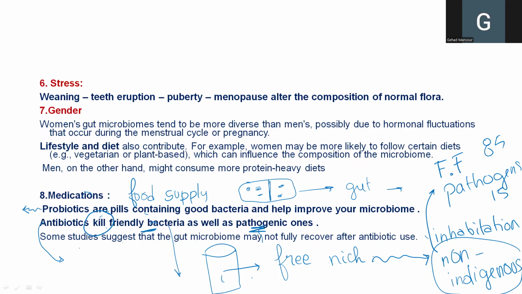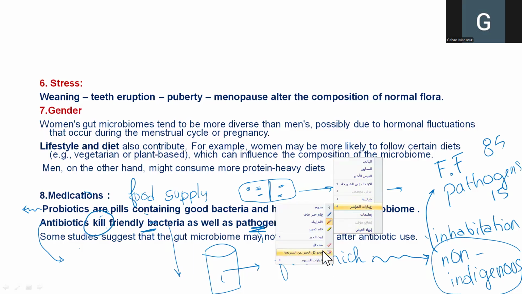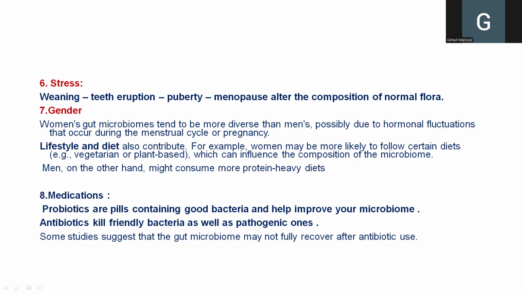This is the first point we have to retain about antibiotics and how they affect the microbiome. But there is another important question about the antibiotics, which is the development of antibiotic resistance by bacteria. This is very important. One of the major drawbacks is the antibiotic resistance.